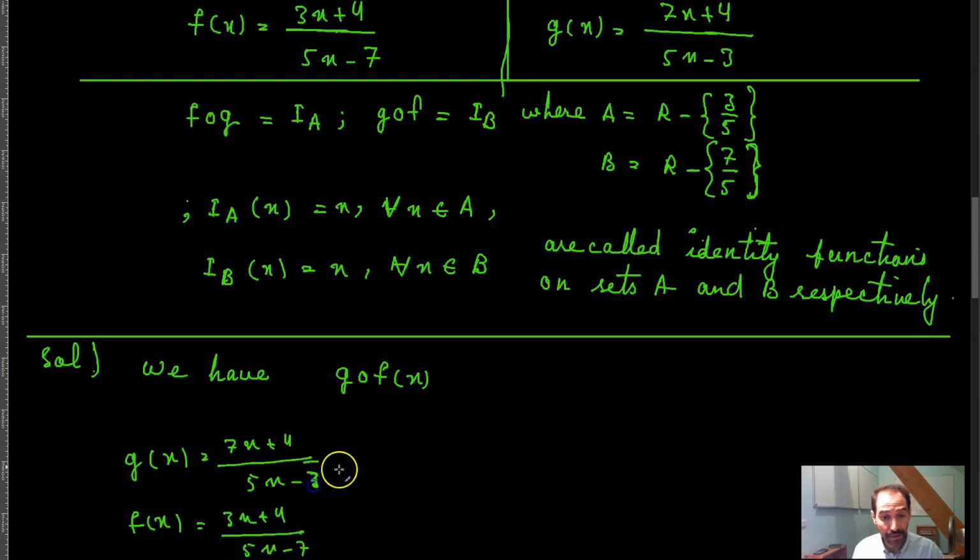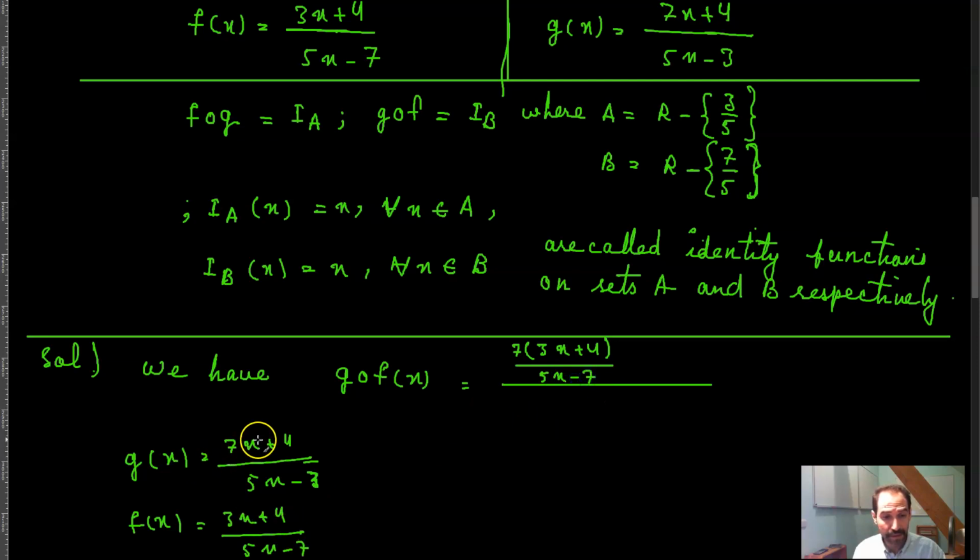Now g of f of x is going to be equal to, wherever you see x in g of x, you have to put f of x in there. Meaning that you have 7 times this whole fraction, 7 times (3x plus 4) divided by (5x minus 7).